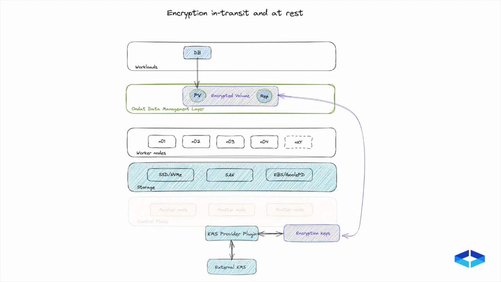That key can be stored, or actually is automatically stored, in etcd. However, we have the KMS provider plugin that will make sure that none of this data is visible. Probably you already know that etcd in Kubernetes is not ciphered by default. It's mostly base64, which makes it not secure. However, with the KMS plugin, we can achieve that security.